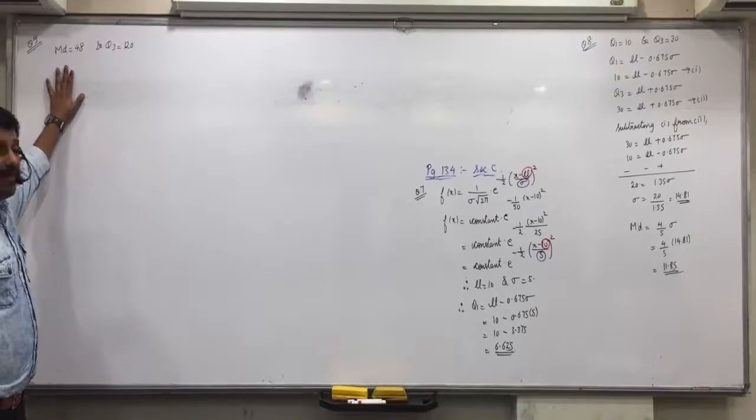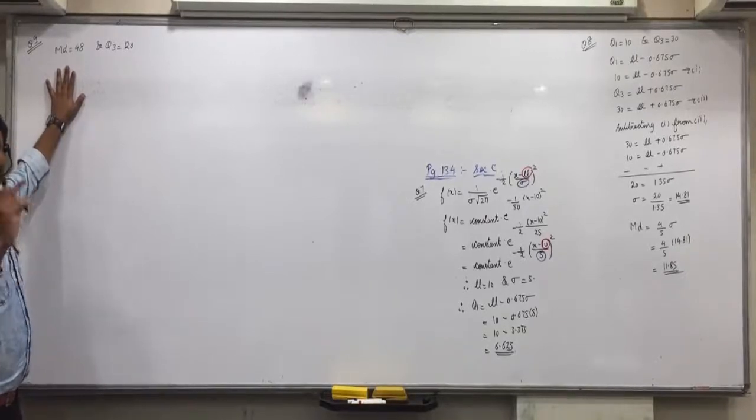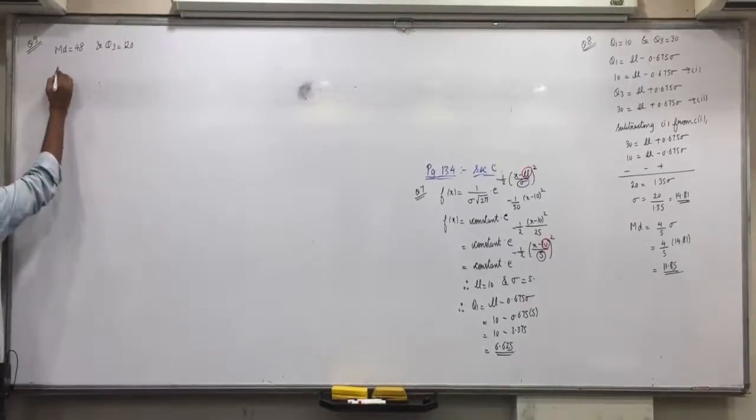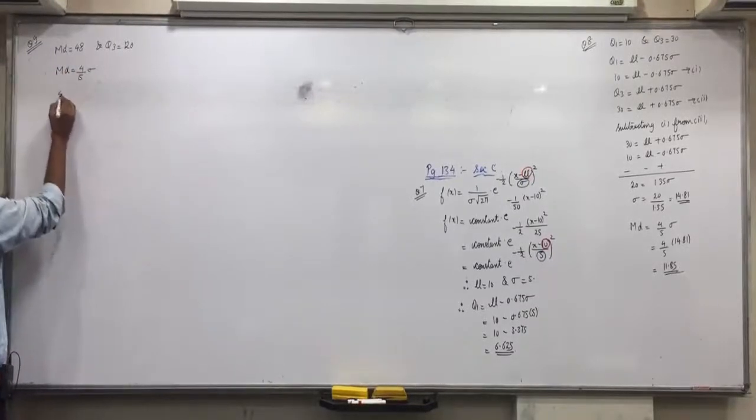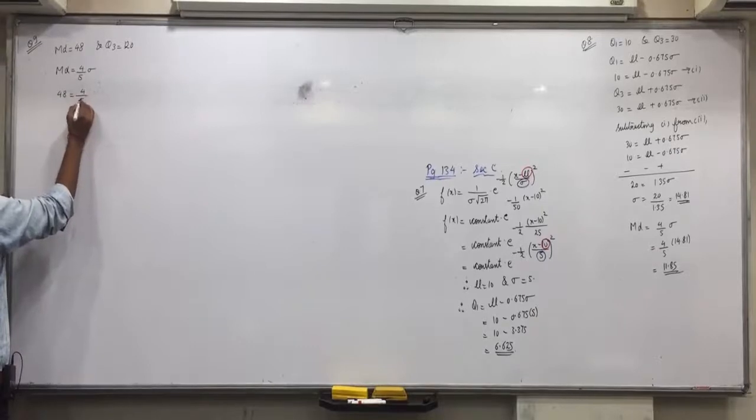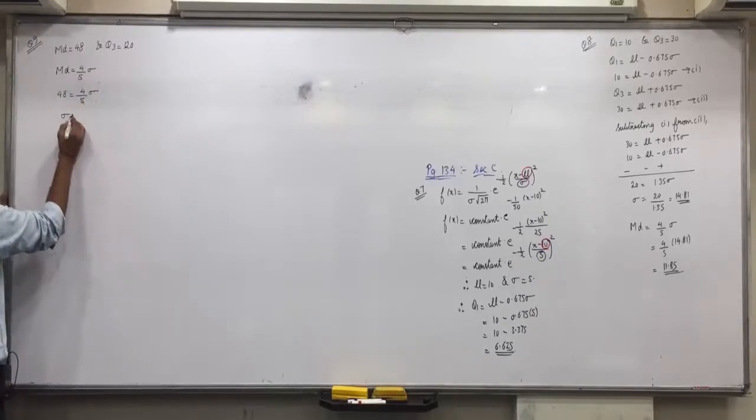First of all, from the mean deviation formula we find sigma. Mean deviation equals 4 by 5 sigma. 48 equals 4 by 5 sigma.